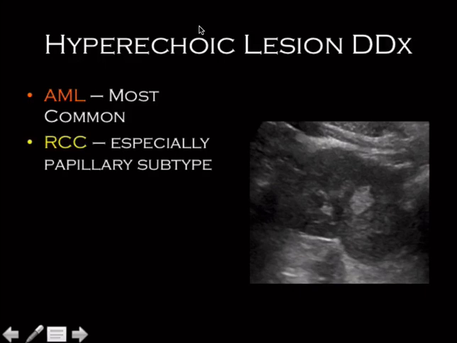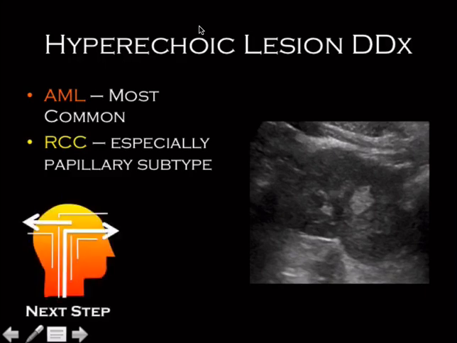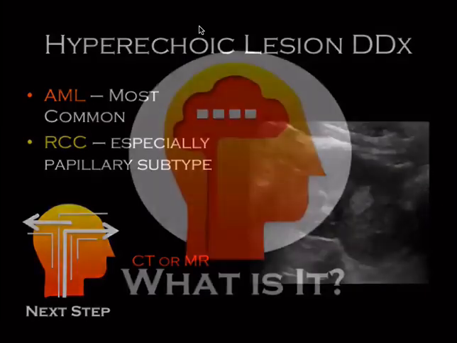So the important take-home point here is that if you're forced to choose a single answer, I would pick AML. If it's a next step type question, you really need to get contrast on board. You need to either do CT or MR, and for real life, that's the way to go too, because a hyperechoic lesion in the kidney is not for sure an AML. In fact, it can definitely be a cancer, so it requires further workup.